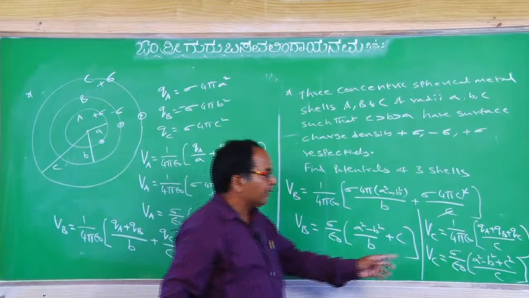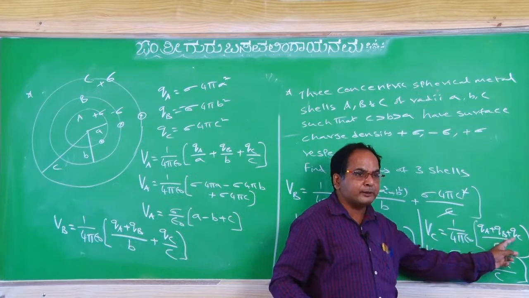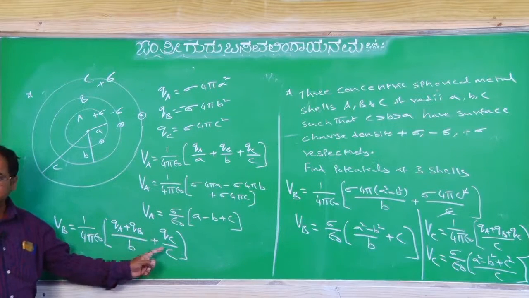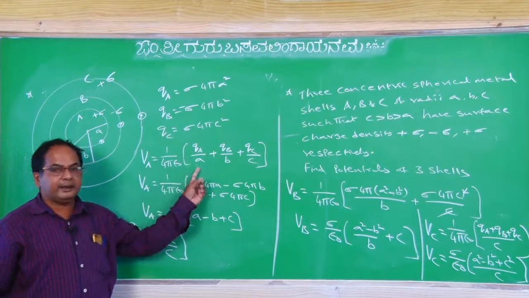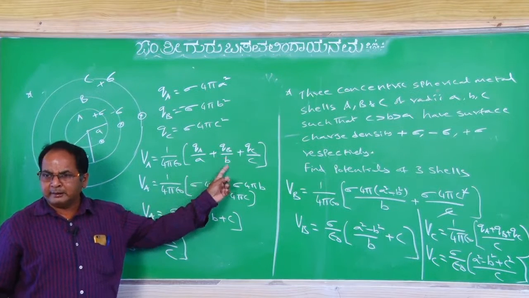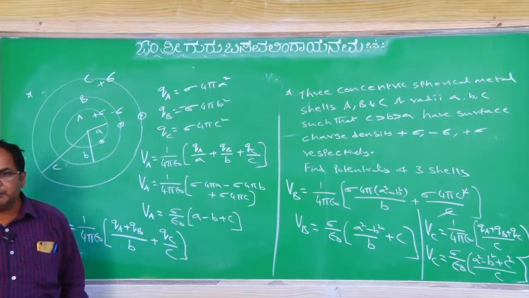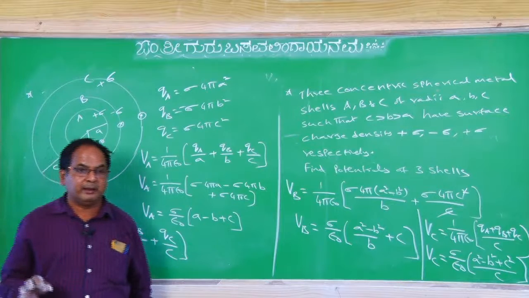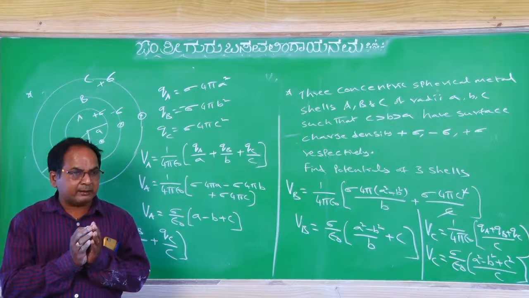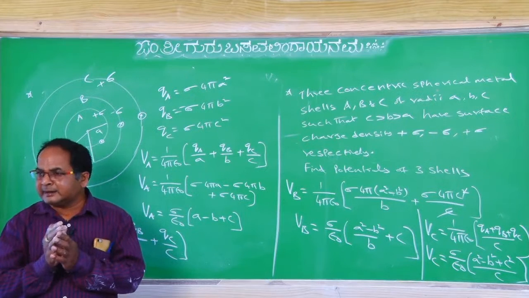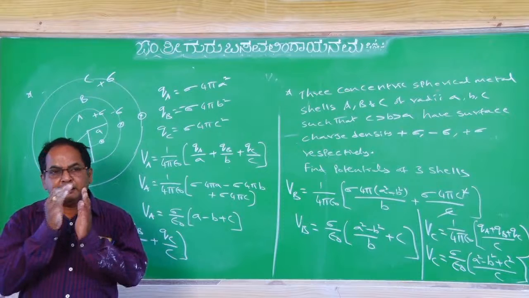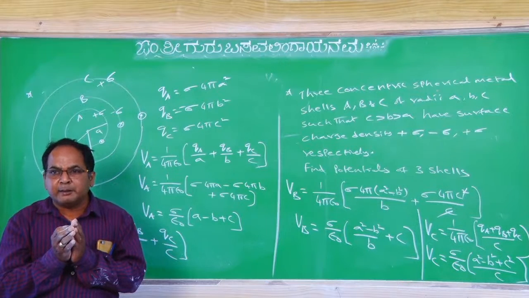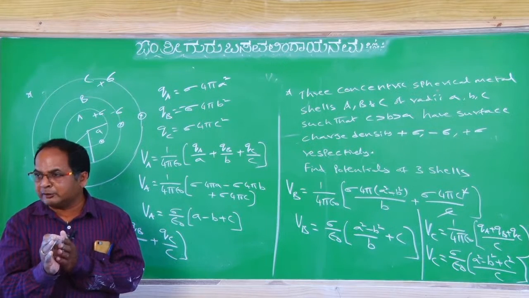That is why at the outer surface QA plus QB plus QC by C, at the middle QA plus QB by B plus QC by C, at the innermost QA by A plus QB by B plus QC by C. Is this okay now? Whenever you are calculating in concentric bodies, for the inner side you should consider every charge residing on its own sphere. But if you are moving away from the inner sphere, then charge will be accumulated up to that point.